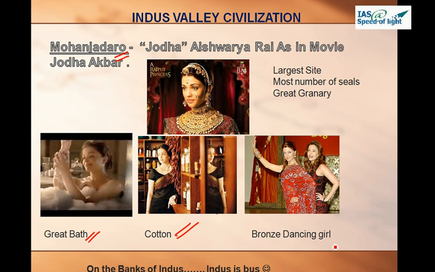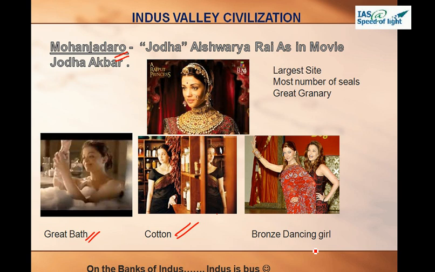Third finding from this site is the bronze dancing girl. When we did the conceptual part of Indus Valley civilization, we saw the picture of that dancing girl. Now this dancing girl, we have to link with Aishwarya Rai, because Aishwarya Rai denotes the site of Mohenjo-daro, Jodha, as in Jodha Akbar, Aishwarya Rai.